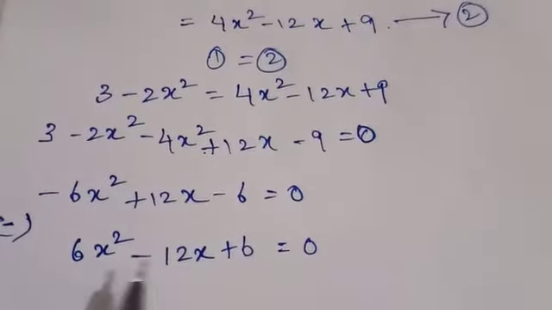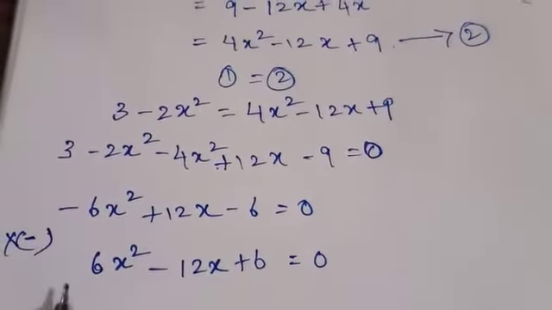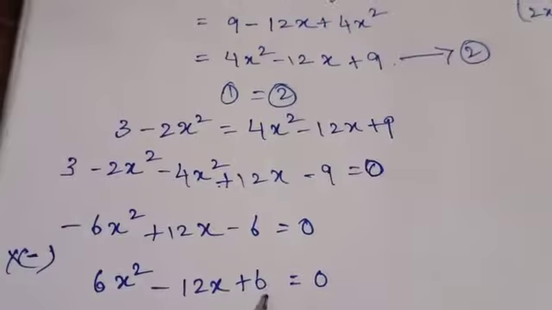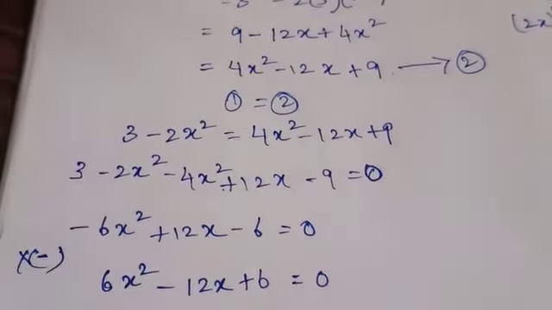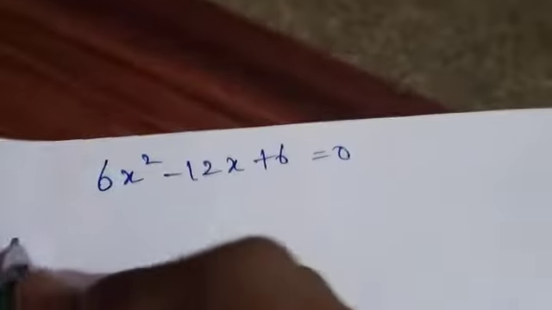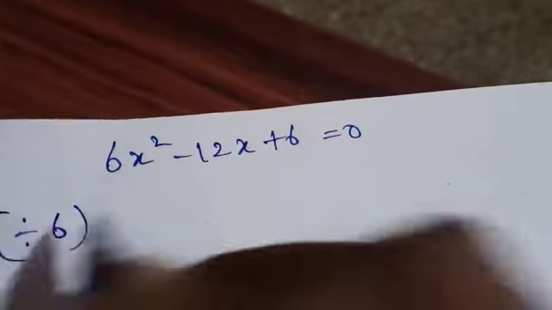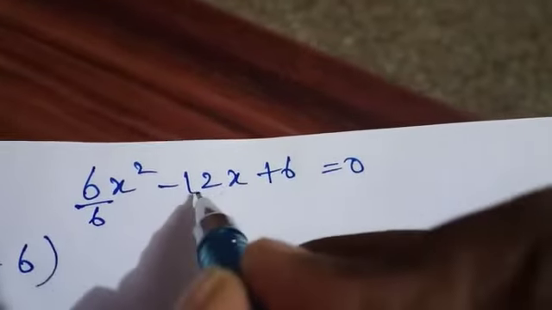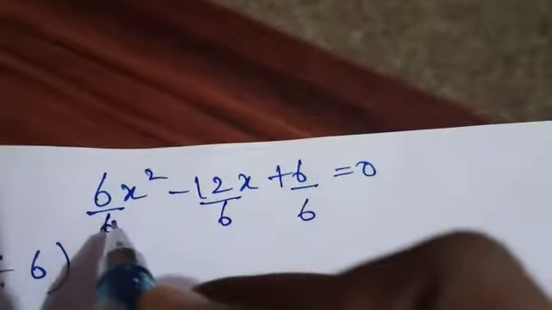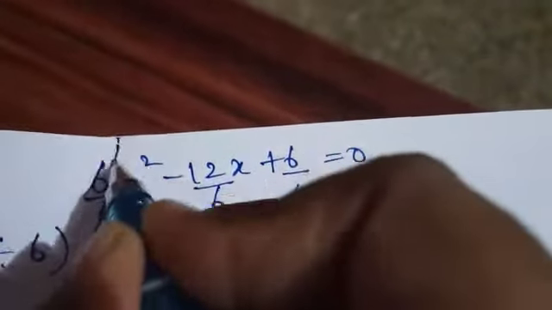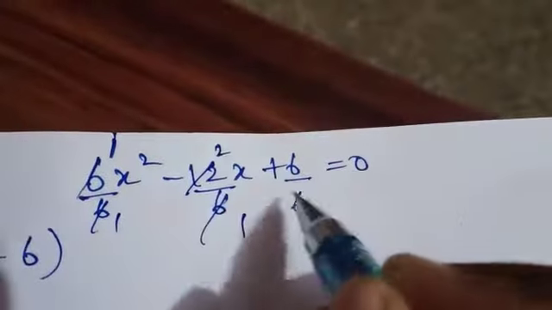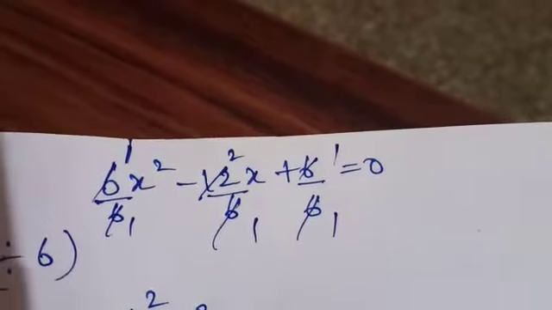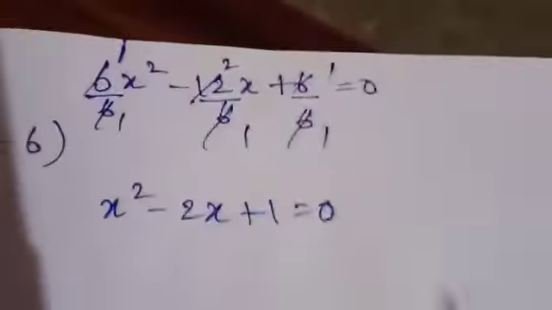Now since this equation is divisible by 6, see all the numbers are divisible by 6, right? So I'm going to divide this equation by 6. If we divide this equation by 6, 6 ones are 6, 6 twos are 12, 6 ones are 6. So x square minus 2x plus 1 is equal to 0 is the answer.